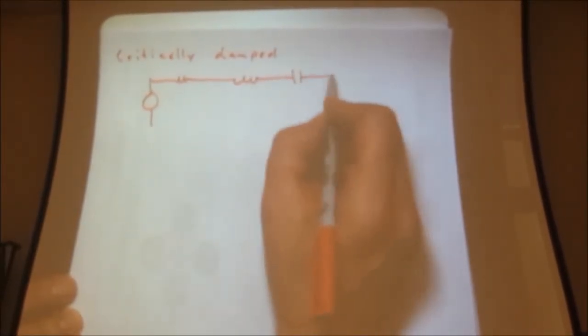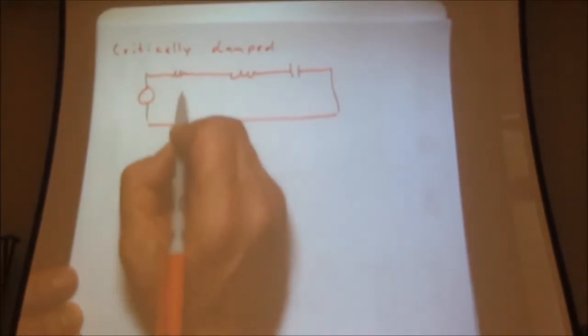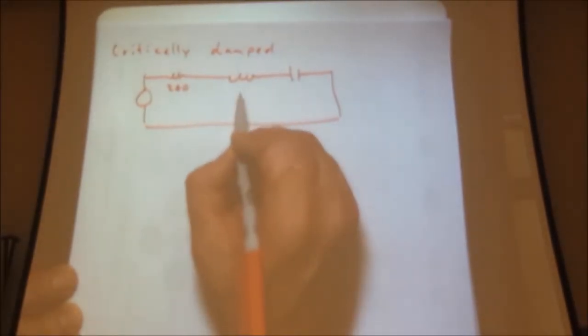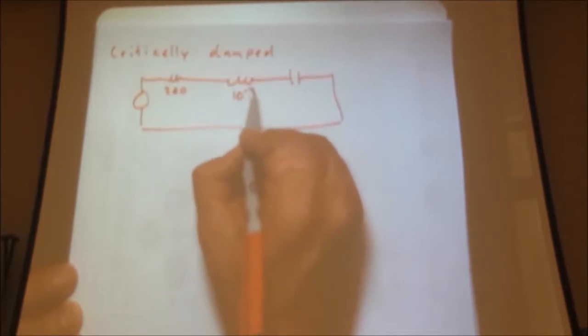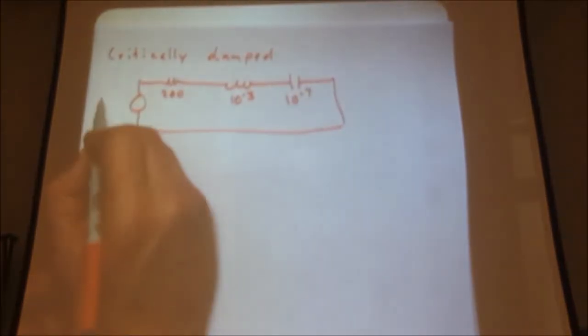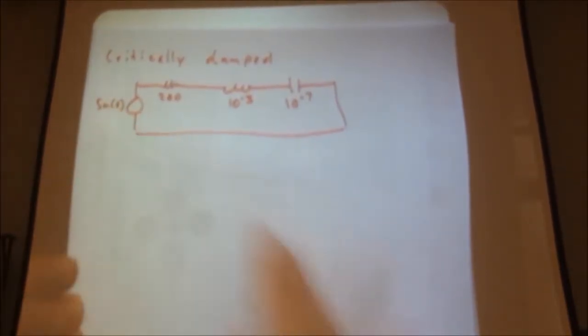Critically damped case. Let's again look at our familiar RLC series circuit, with 200 ohms, 10 to the minus 3 henries, 10 to the minus 7 farads, and a 5u(t) source. What are we left with?